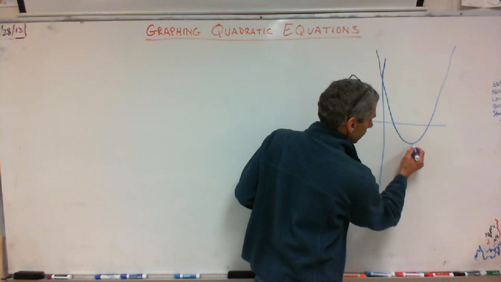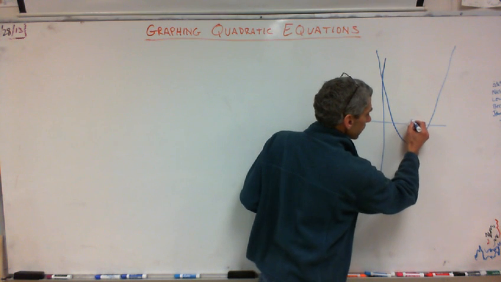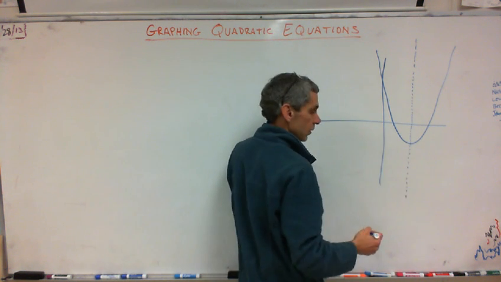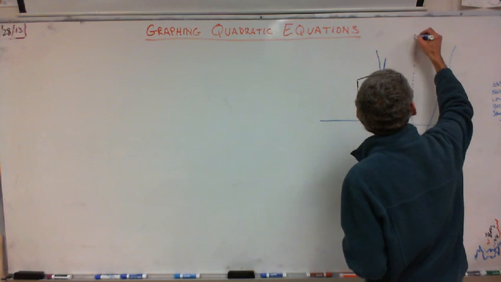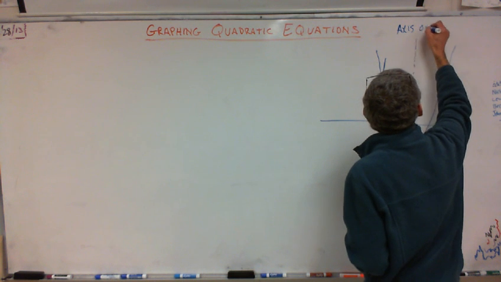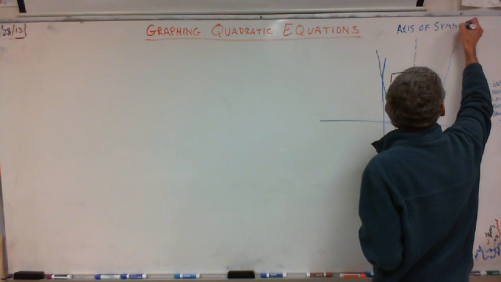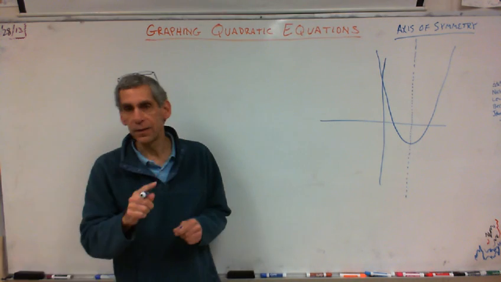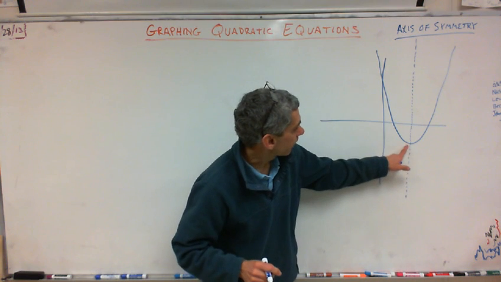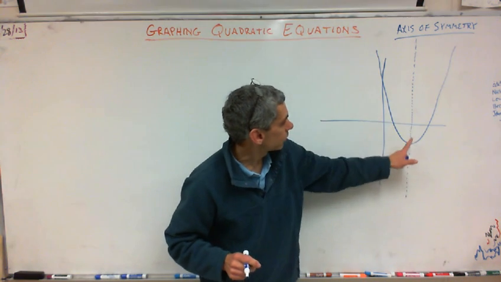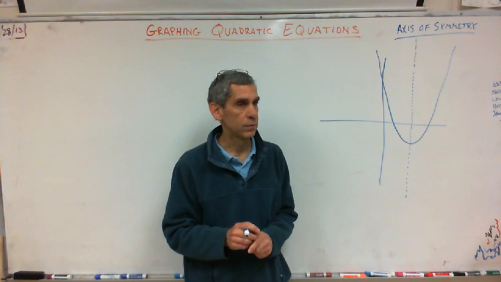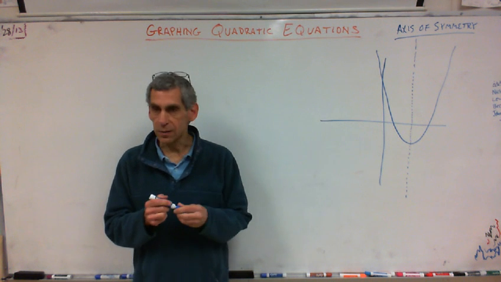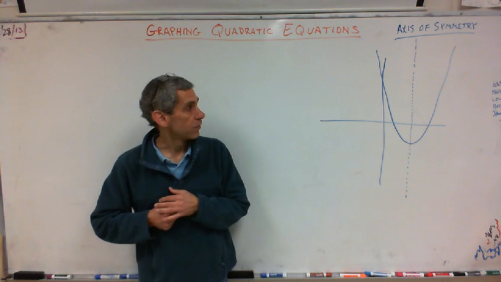Right in the middle of the vertex is a hidden line that goes up and down. It's sort of an imaginary line, and that line is called the axis of symmetry. Very important to know. Axis of symmetry. So make sure you write that down in your notes. At the vertex of a parabola, you've got an axis of symmetry that goes right through the middle of the vertex, and it goes up and down, vertical. Once you understand these things, then it becomes really quite simple to graph these.